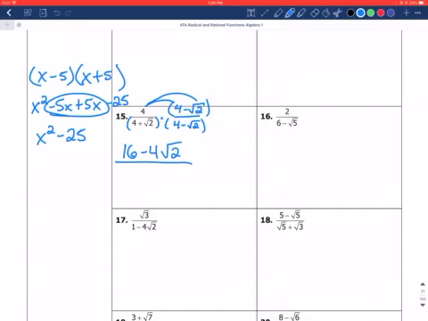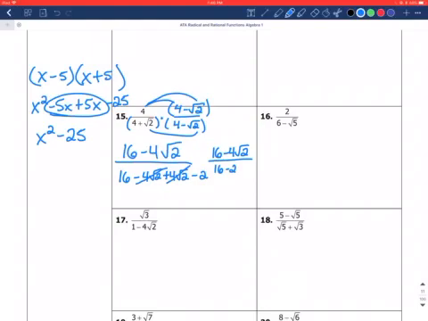And then we will have 16 minus 4 square root of 2 plus 4 square root of 2 minus 2. Again, those right there will cancel out, and those middle terms will cancel out as well. So we have 16 minus 4 square root of 2 all over 16 minus 2.